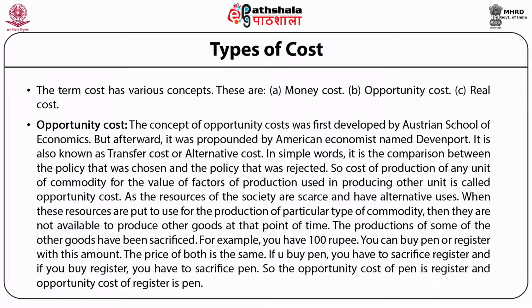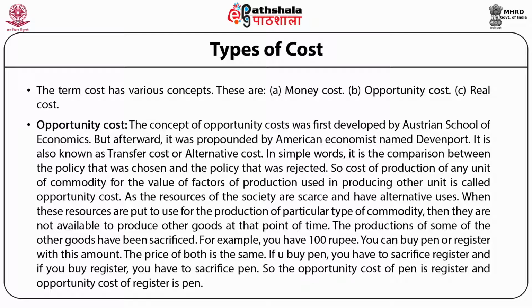In simple words, it is the comparison between the policy that was chosen and the policy that was rejected. So, the cost of production of any unit of commodity for the value of factors of production used in producing other units is called opportunity cost.